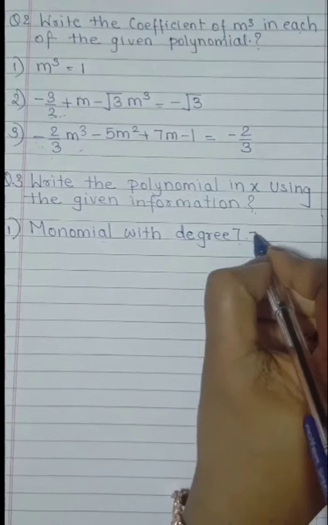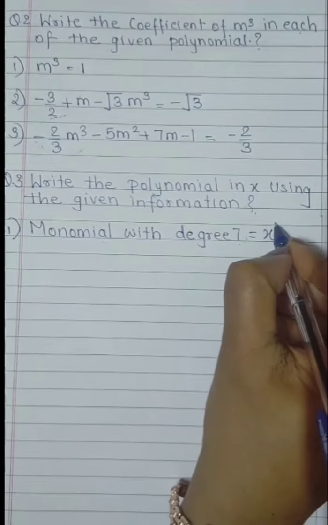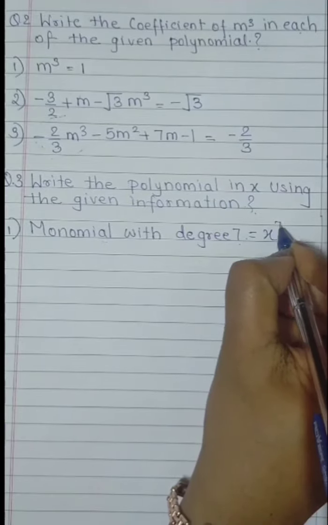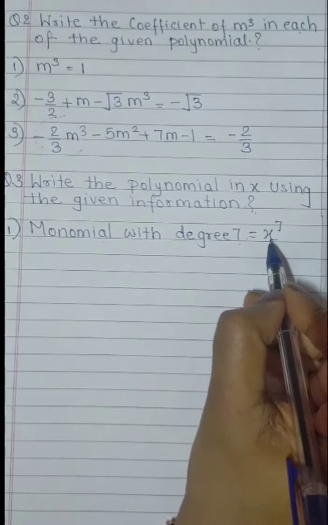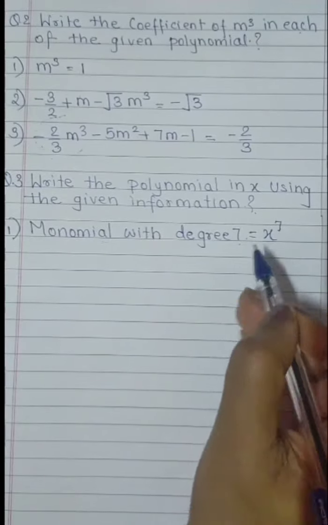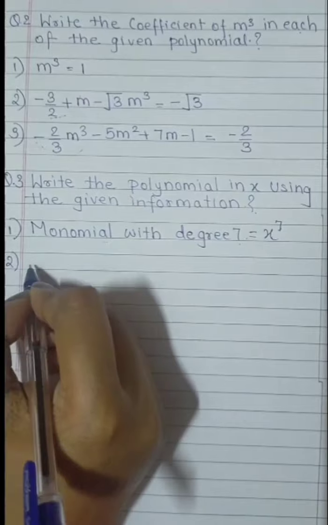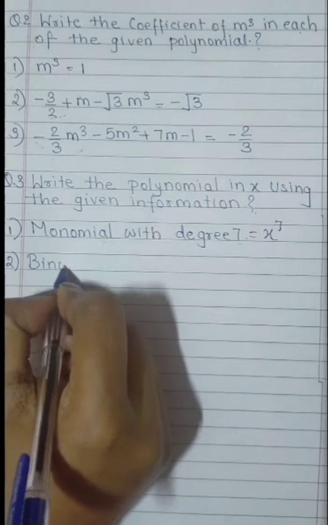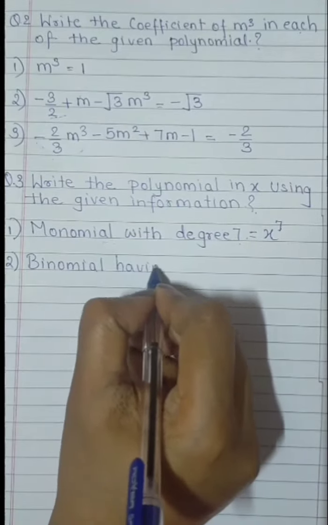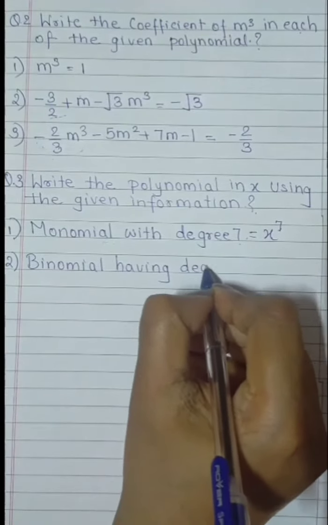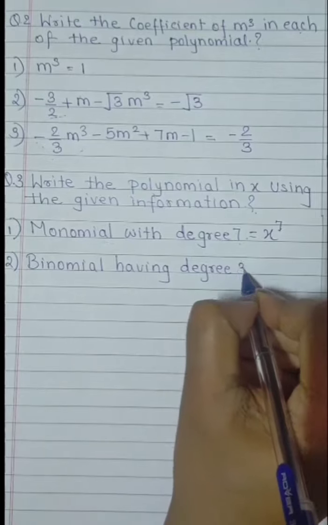So I will write x and 7. Okay, x and degree is what? 7. The next question is given, binomial having degree 35.